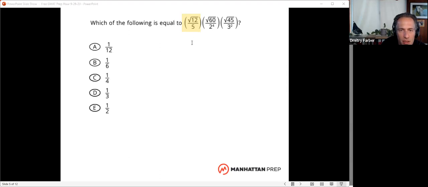So that's interesting. But wait a second, is that right? What if I do it the other way? What if I write the bottom as a square root? What would that be?